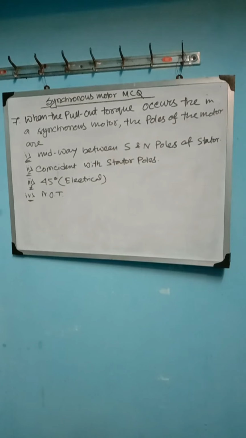Now the next question is: when the pull-out torque occurs in a synchronous motor, the poles of the motor are: number 1, midway between S and N poles of the stator, number 2, coincident with stator poles, number 3, 45 degrees electrical, and number 4 is none of these.